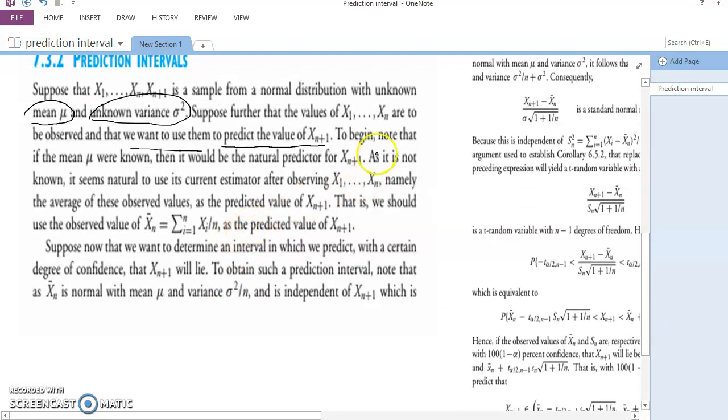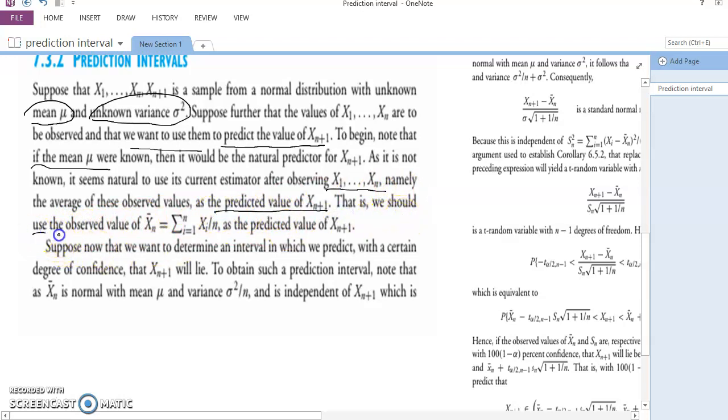To begin, note that if the mean mu were known, it would be the natural predictor of Xn plus 1. It is not known, so it seems natural to use its estimator, the average of X1 to Xn, as the predicted value of Xn plus 1.